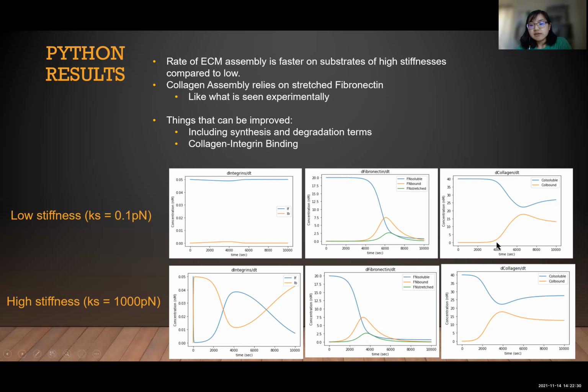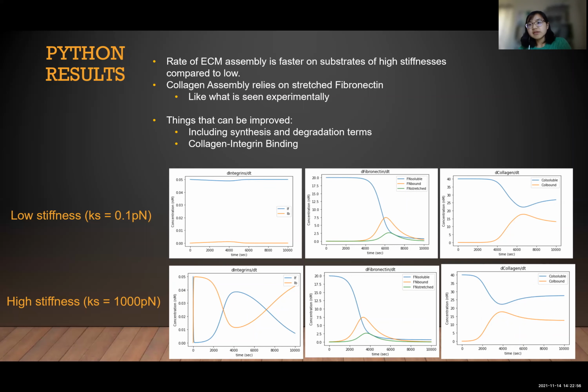So this is also like what is seen experimentally, like what I showed you before, where you see this increase in fibronectin and then the steady increase in collagen as well. And this is definitely a good example of how you can use a system of ODEs to model molecular interactions that really drive cell function.